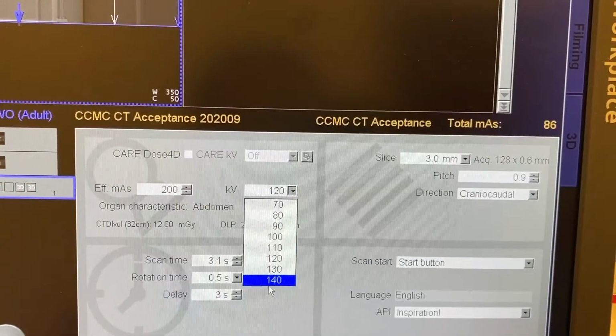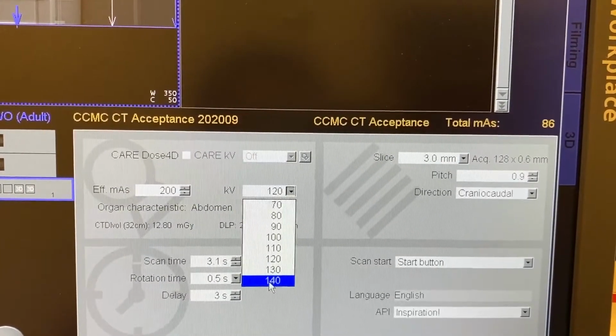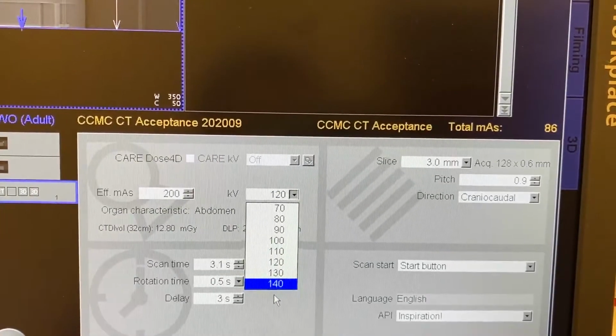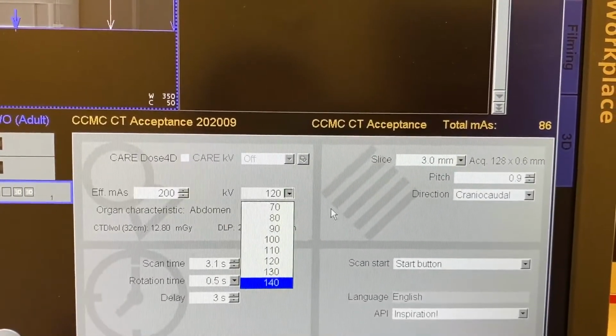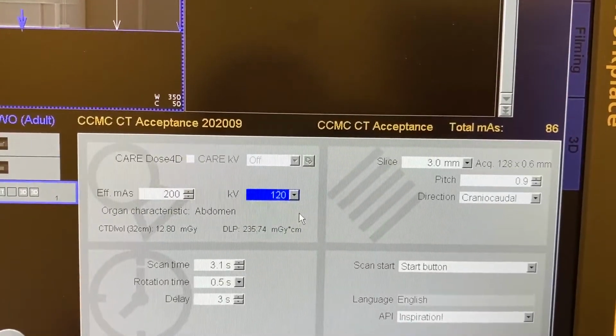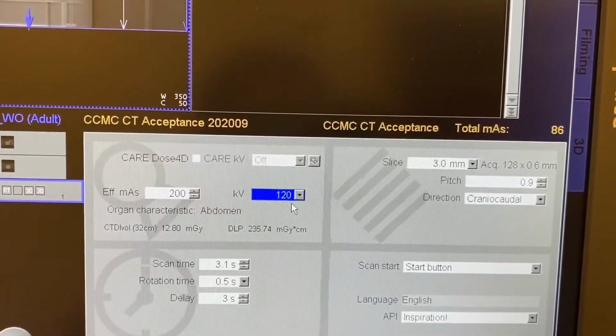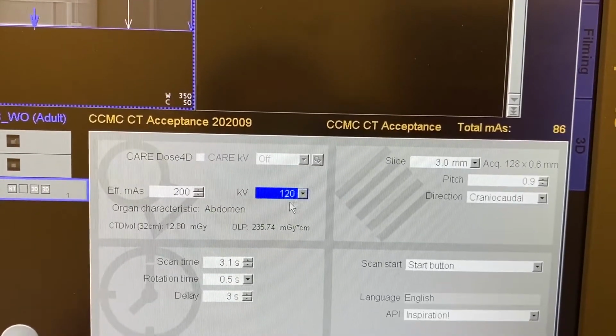If you use a higher kV, you will have a higher penetration. So it's always a trade-off, and it's a call of the technologist, radiologist, and medical physicist to select the correct protocol. And the first parameter we consider is the kV.